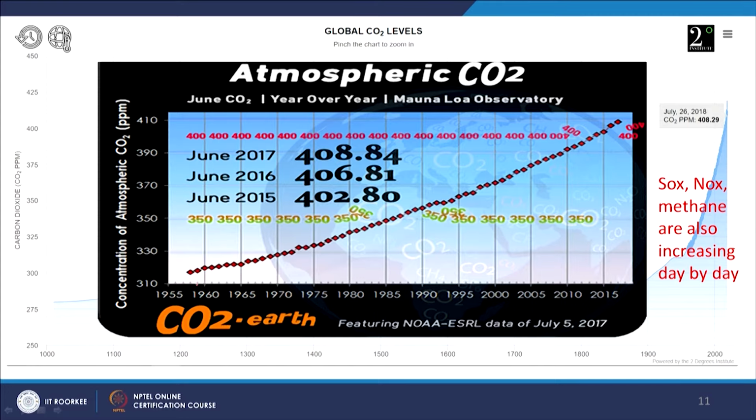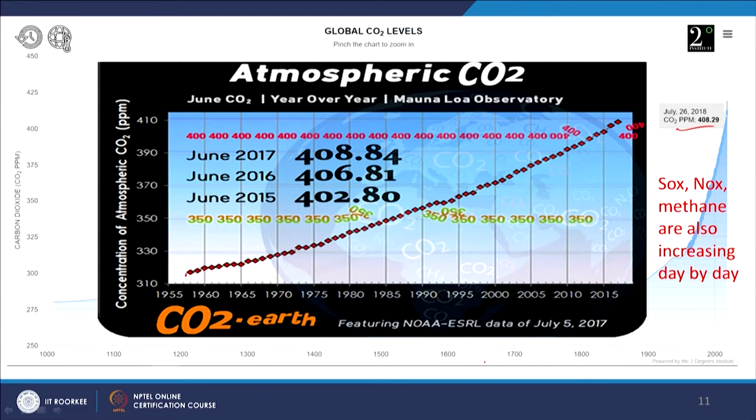In 1955 and 60 it was below 330 ppm, then in 1990 it was around 350 ppm, and now in 2015 it is more than 400 ppm. The recent data as on July 26, 2018 shows carbon dioxide in air at 408.29 ppm. So, this is global data.